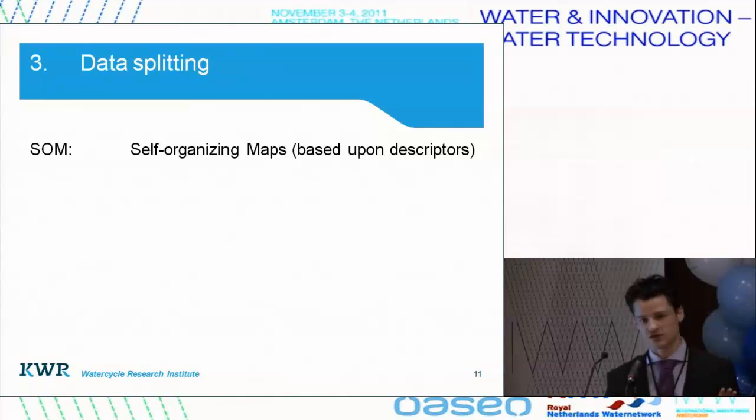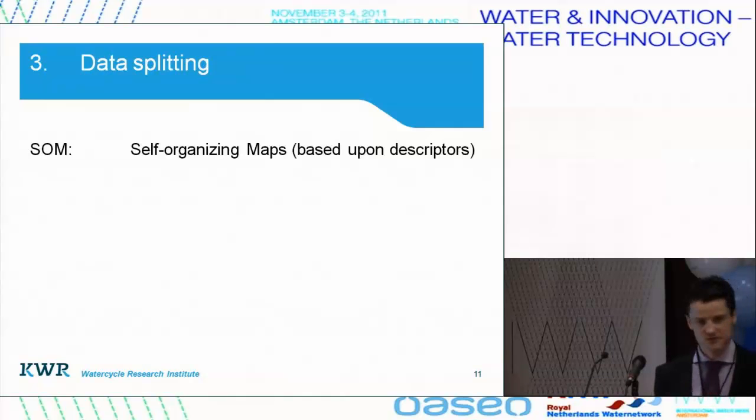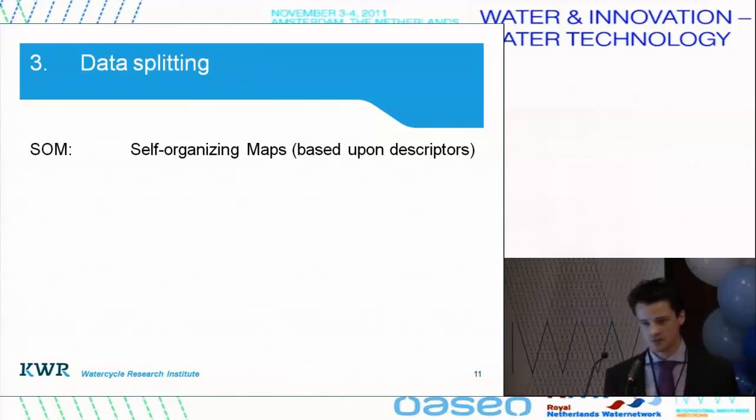So, once you have the descriptor data and the endpoint which you would like to predict, there's also an important part of data splitting. You need a lot of compounds to train the statistical model to make the prediction, but you also would like to validate that with other compounds.